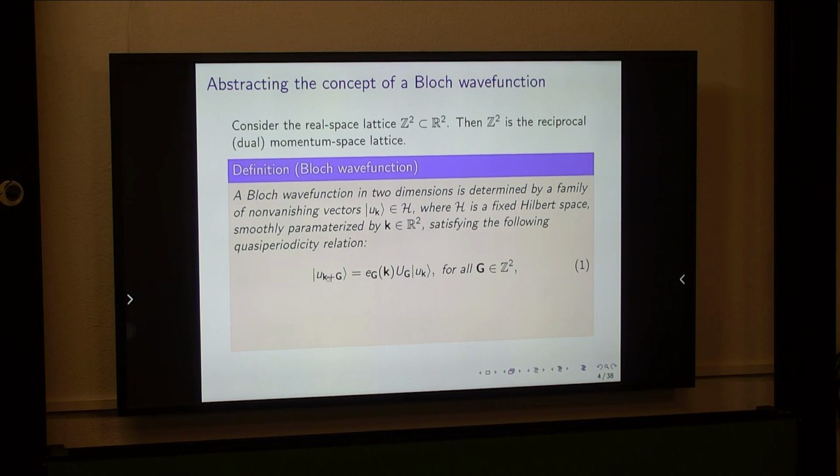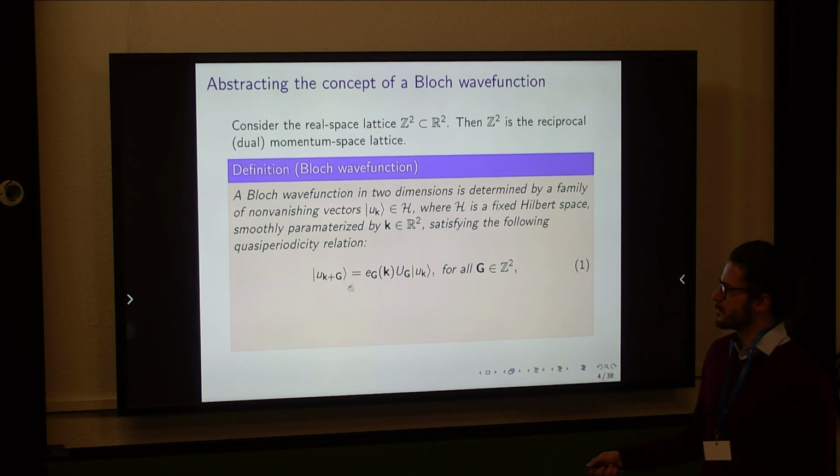So I will require, here k is the quasi-momentum, that u_{k+G}, with G in the reciprocal lattice, is related to u_k by two things.